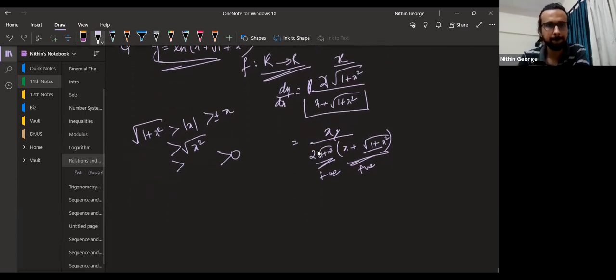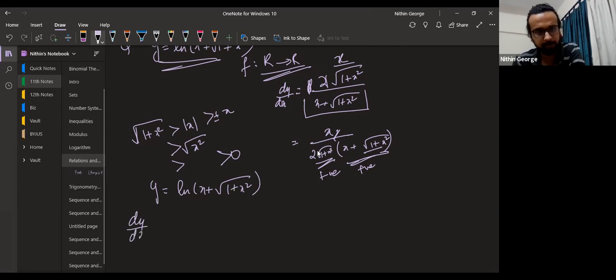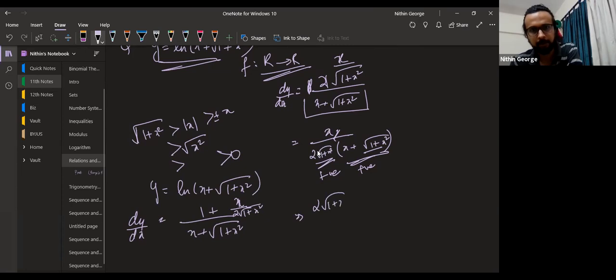Then y is equal to ln x plus root 1 plus x square. Finding dy by dx, we get 1 by x plus root 1 plus x square. Differentiate this root 1 plus x square and this becomes x. Now I get 2 root 1 plus x square plus x.